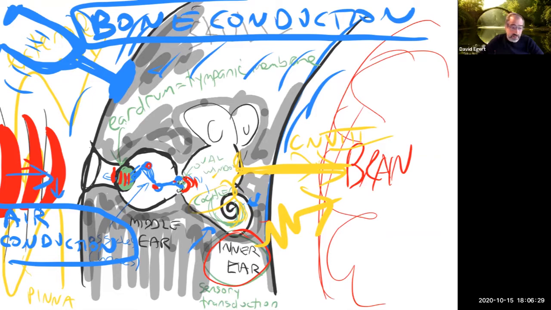So that leads us now into the two main kinds of deafness that you can get.